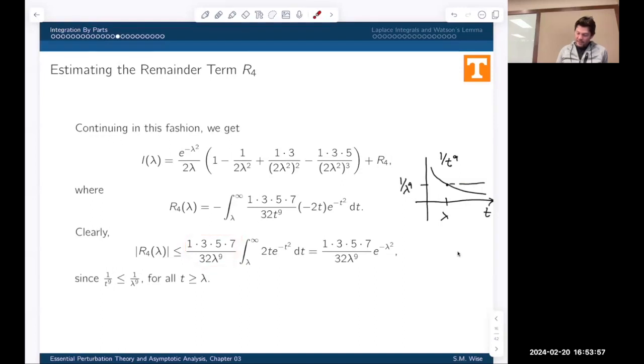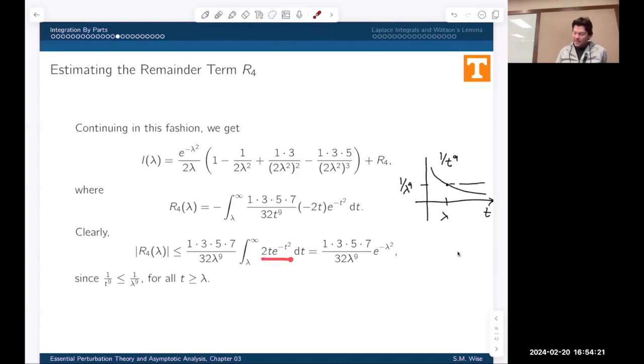What I'm left with inside is the integral from lambda to infinity. Now I fix things up so that this guy is an exact differential again, or almost an exact differential. It would be exact if it was a minus sign, but I want the integrand to be positive when I take absolute value, right?